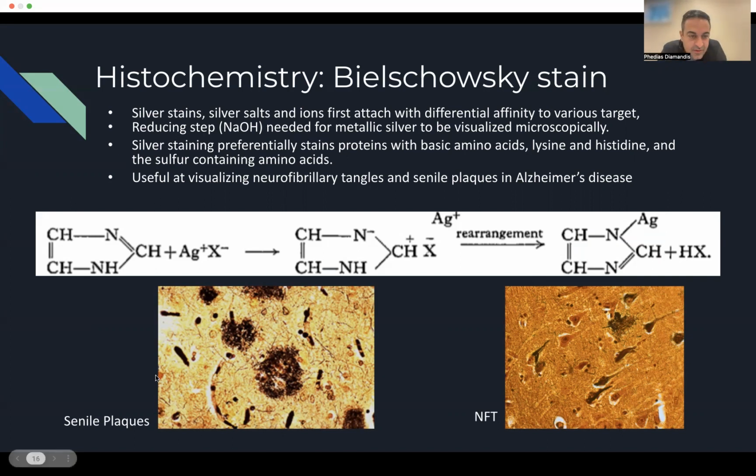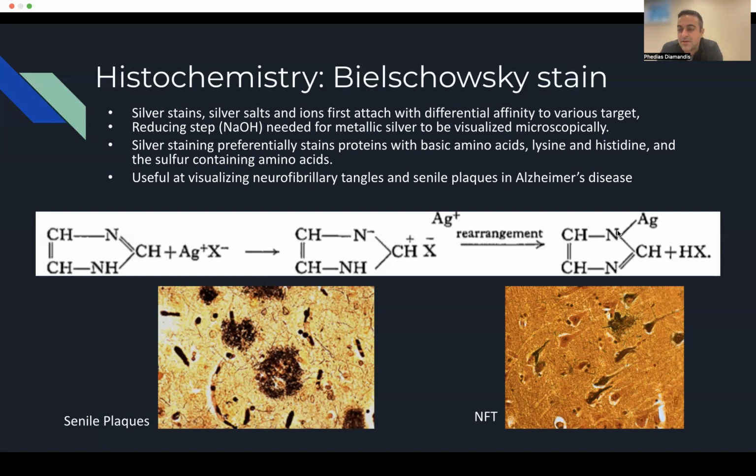Again, just a simple chemical reaction, just so we get an idea of how this works. You have this protein structure here. It will bind with the anion of the silver salt, and then it will be keen to accept the positive charge of the silver metal.